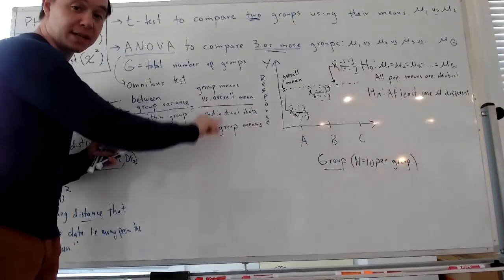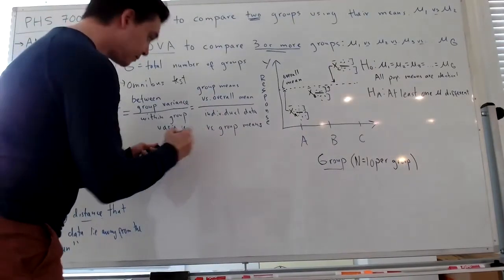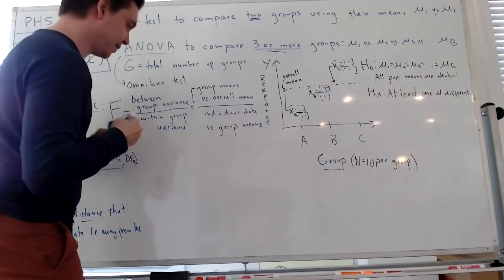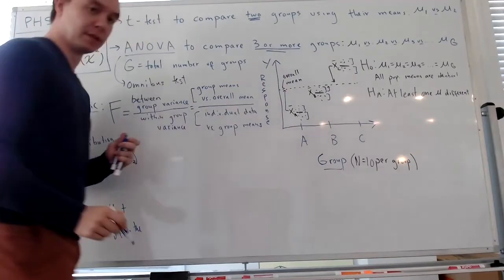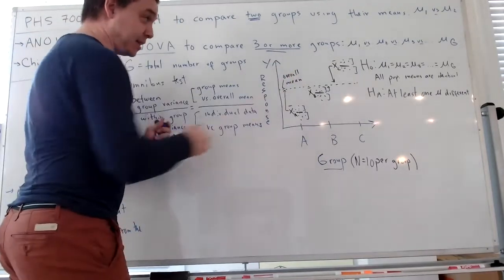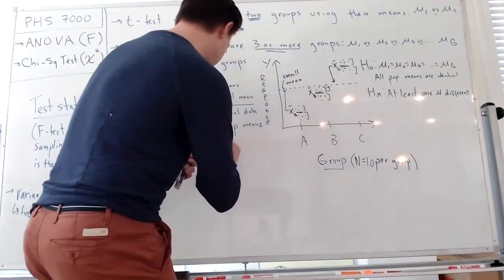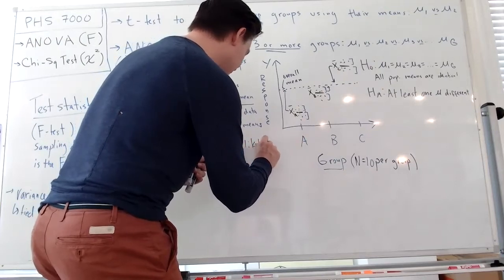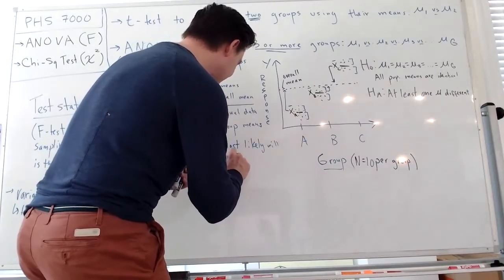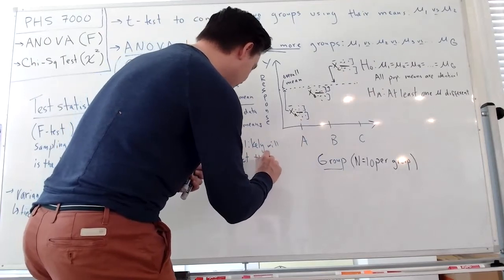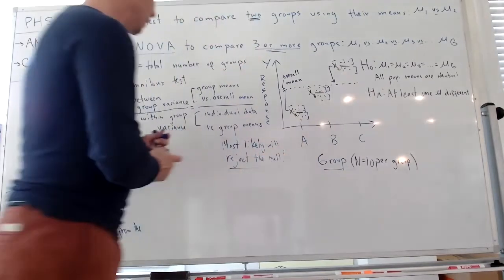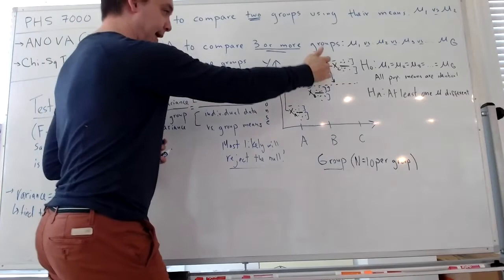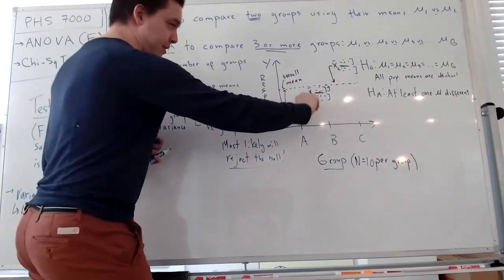And notice that it's all relative. We're going to end up rejecting the null, most likely, because the average distance of the purple here, there, and here is bigger than the average distance of the blue.